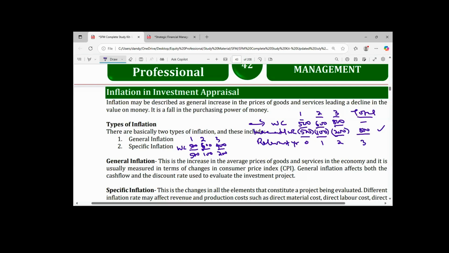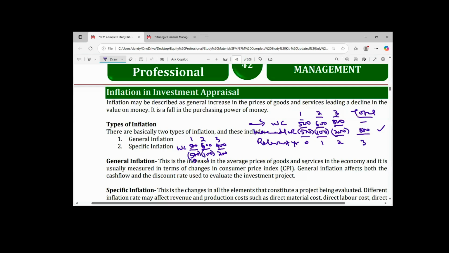Therefore, the rule says that working capital should be treated as cash outflow in the year before the year of occurrence and recovered fully. So the one that occurs at the end of year 1 should be treated as cash outflow in year 0. The one that occurs at the end of year 2 should be treated as cash outflow in year 1.